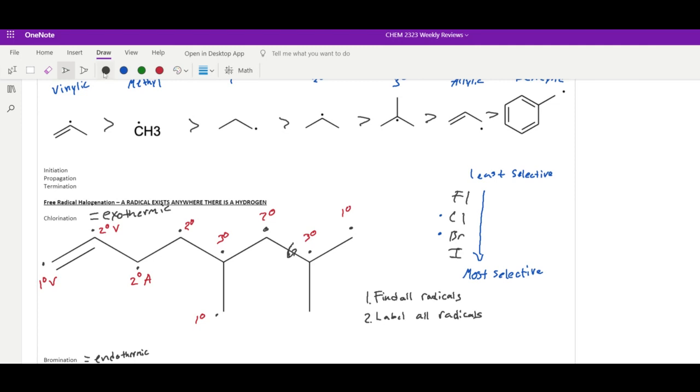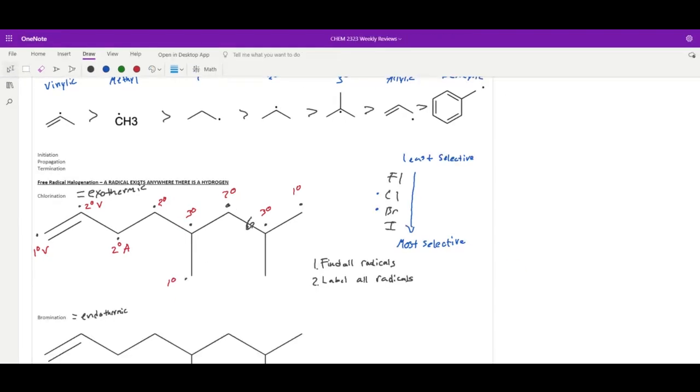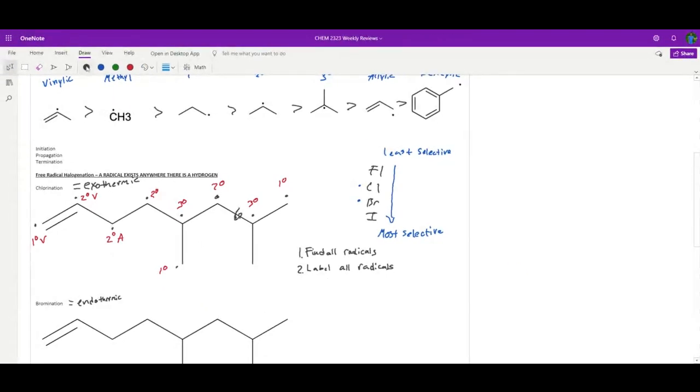Okay, so to redraw this, the problem will give you a molecule and it'll say draw all chlorination products. Okay, and then your answer should look like this. Let me draw it over here. You are going to redraw all.